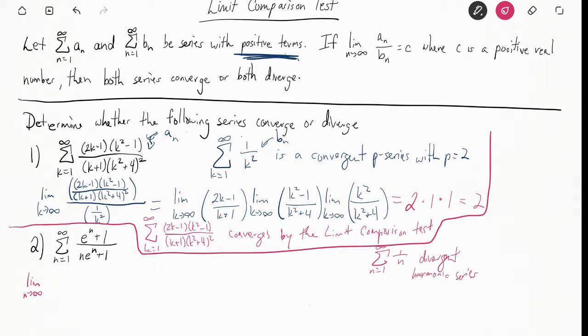So the limit as n goes to infinity of this thing, so we have e to the n plus 1 over n e to the n plus 1, all over 1 over n. Notice that thing equals the limit as n goes to infinity. This means the n would come up top, so we have n e to the n plus 1.